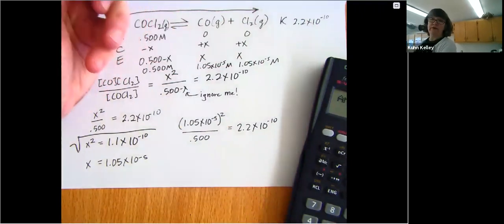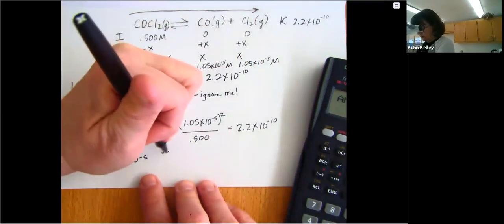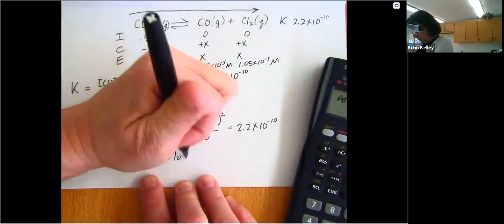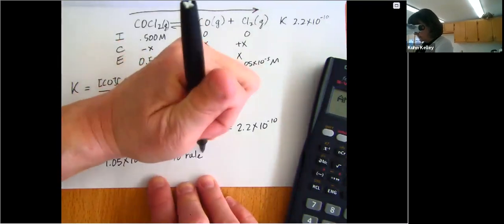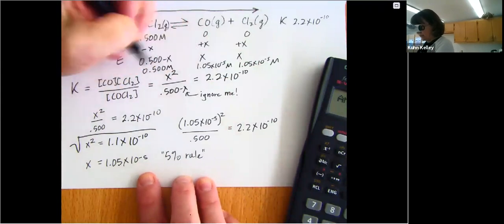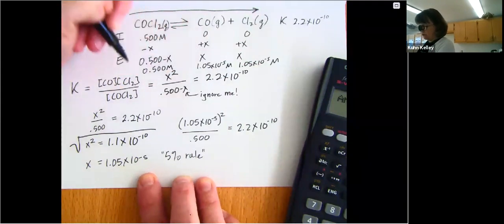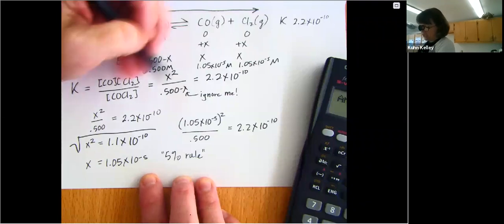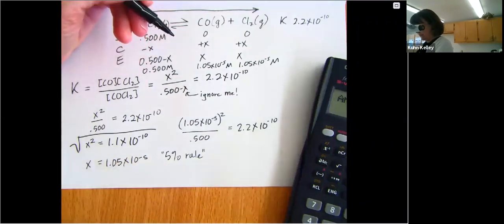And then the other way that we test this is by something that we call the 5% rule. And what that means is that your X can't be more than 5% of your original concentration, or it can't change your original concentration more than 5%.